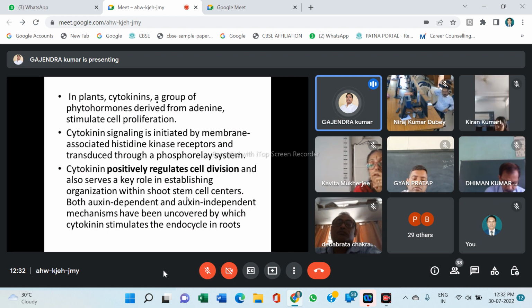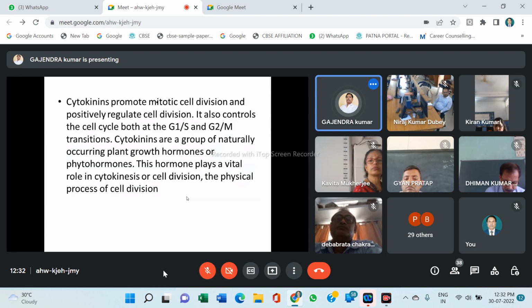Cytokinin positively regulates cell division and also serves a key role in establishing organization within the stem cell center. We can find auxin dependent and auxin independent mechanisms that have been uncovered for cytokinin, which stimulates the endocycle in roots.